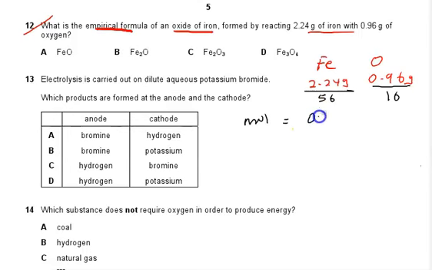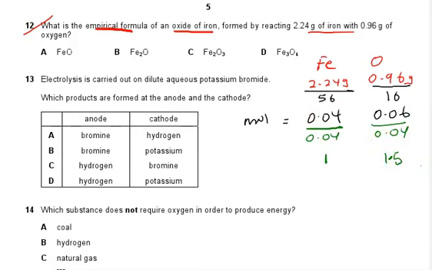Here will be 0.04, and here will be 0.06. So we have to take the smallest mole and divide by each of them. You'll be getting here 1 and here will be 1.5.